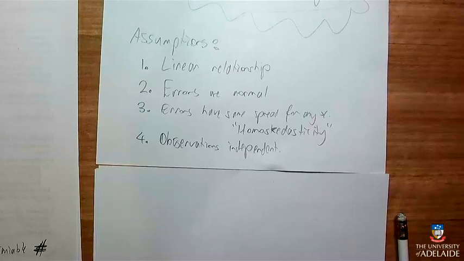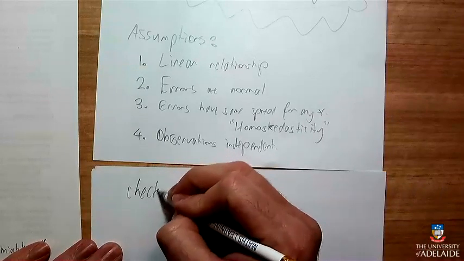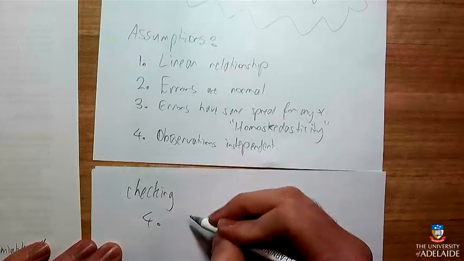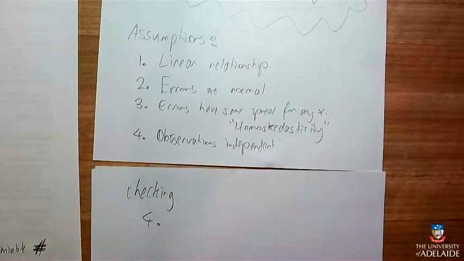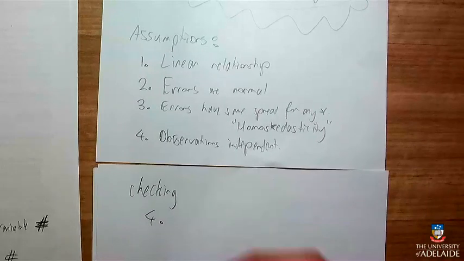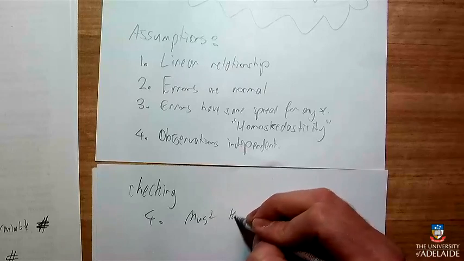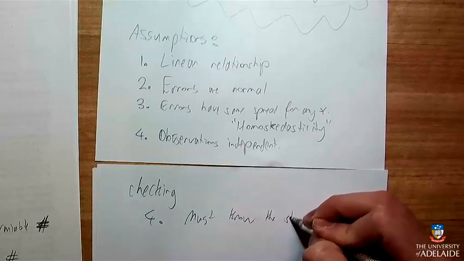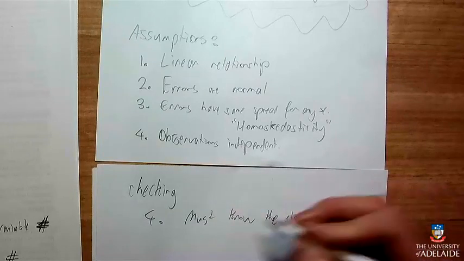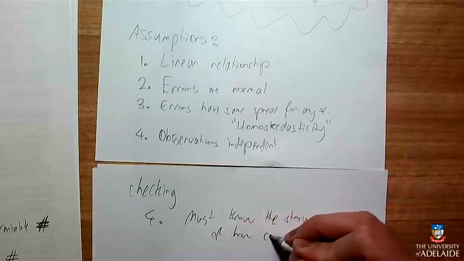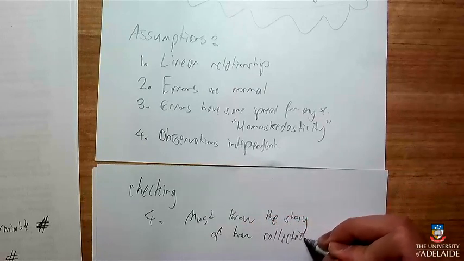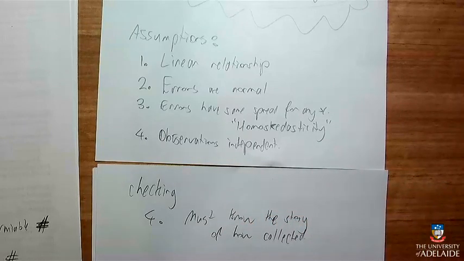So, I'm going to take them in the reverse order. Number 4 can only be checked if you know the story of how the data was collected. And you almost never know that if you're the statistician or the engineer.